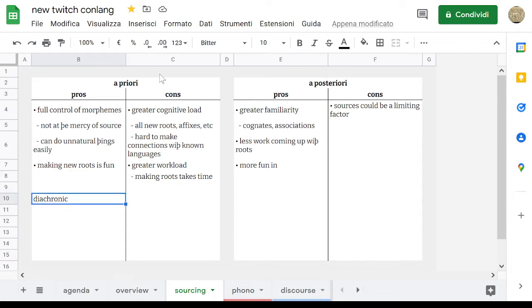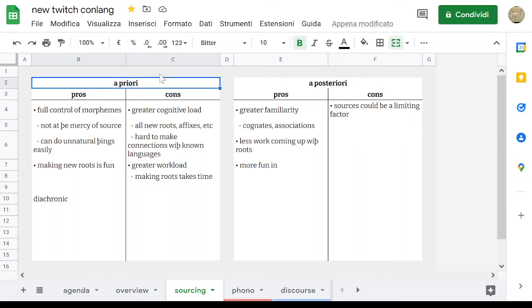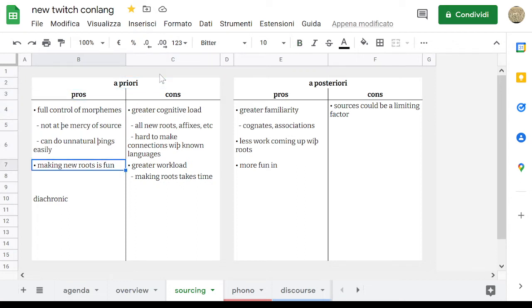The benefit of making a diachronic a priori language is it feels more naturalistic because it has gone through the kinds of changes that natural languages will go through, not this artificial root sprung out of your head and just slapped together. Of course, you can carefully put things together so they don't feel slapped together. Some linguists are very good at doing that.